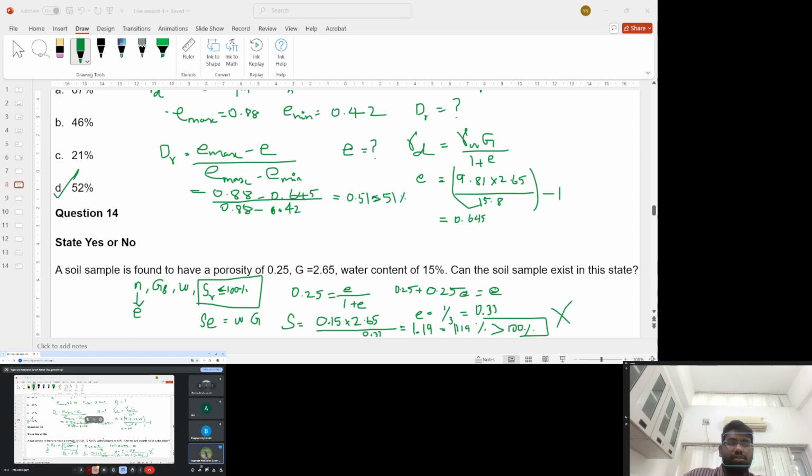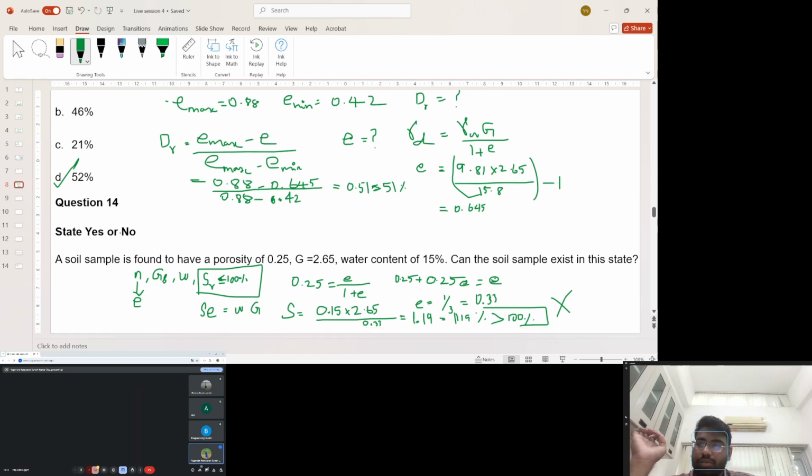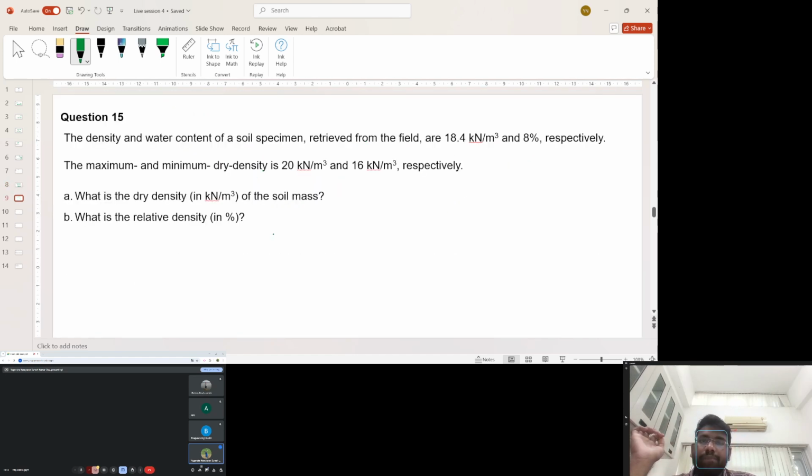Can move to the next question. The density and water content of a soil specimen retrieved from a field are 18.4 kilonewton per meter cube and 8% respectively.